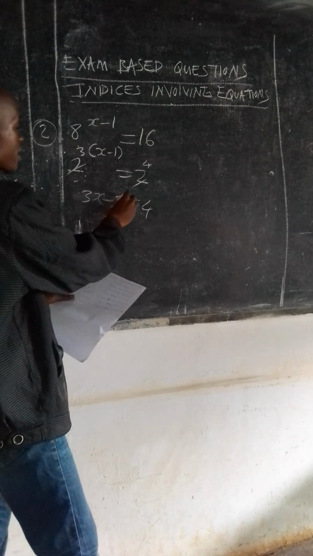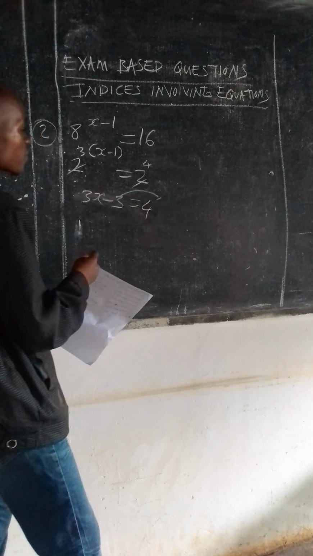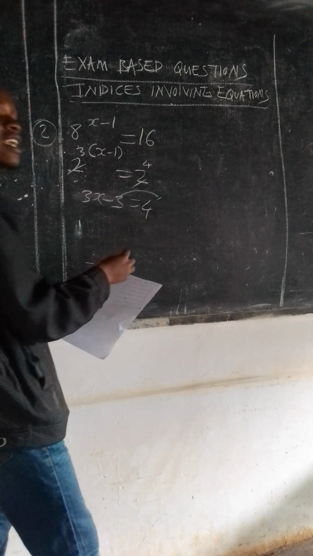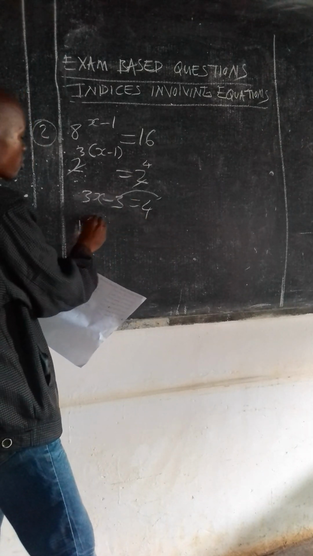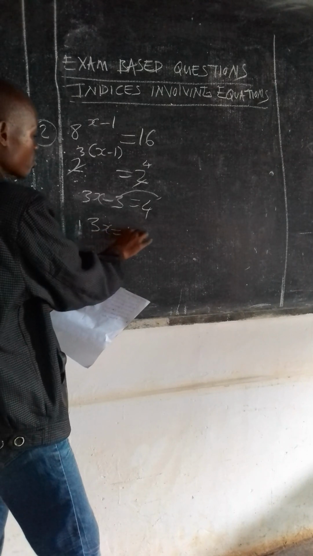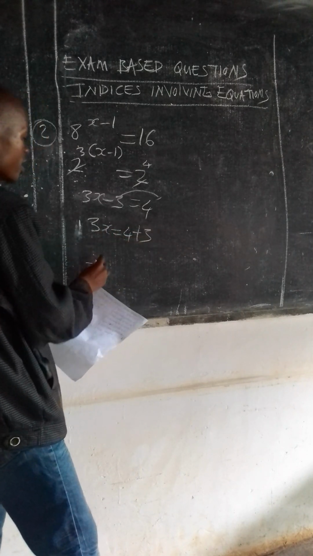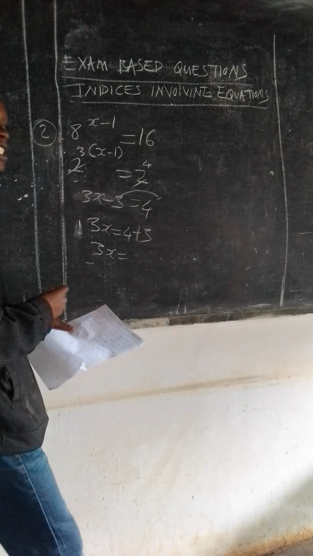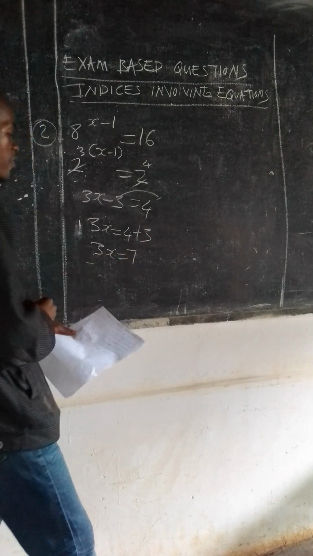In this case, negative 3 will cross the equal sign. Since it is negative, when it crosses the equal sign, it becomes positive. So we'll say 3x equals 4 plus 3. 3x will be maintained. Then we add 4 plus 3, that is 7.